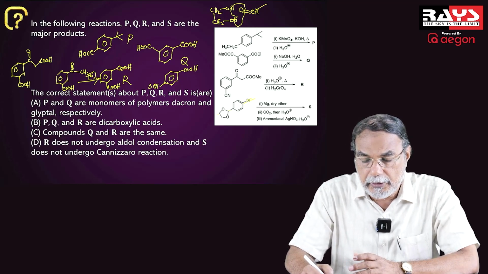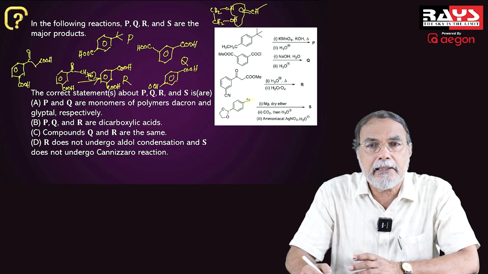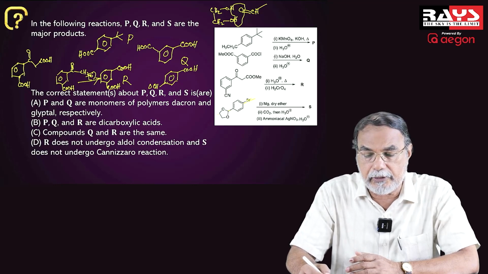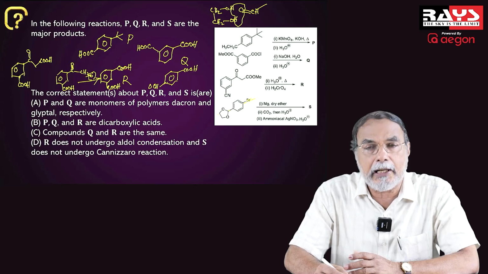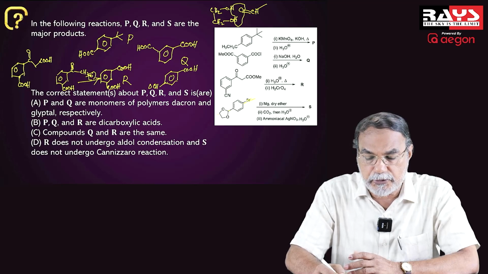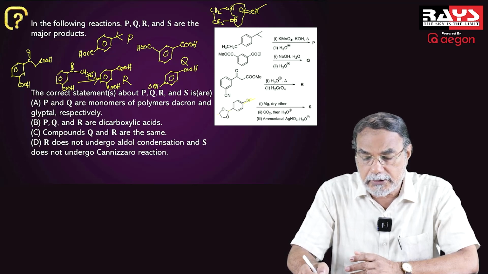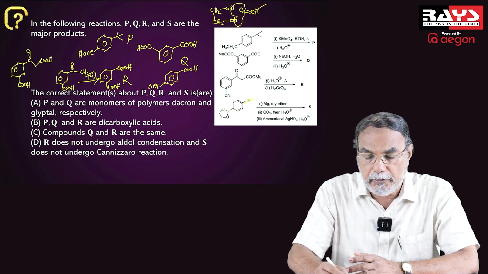Formerly it was the cyclic acetal with the glycol, and now during hydrolysis that is broken away, and you have the free aldehyde group at the para position of the COOH group. Now this position you have the COOH group. Why? Because with the magnesium you have MgBr, with the carbon dioxide you have COOMgBr, and therefore hydrolysis gives carboxylic acid.